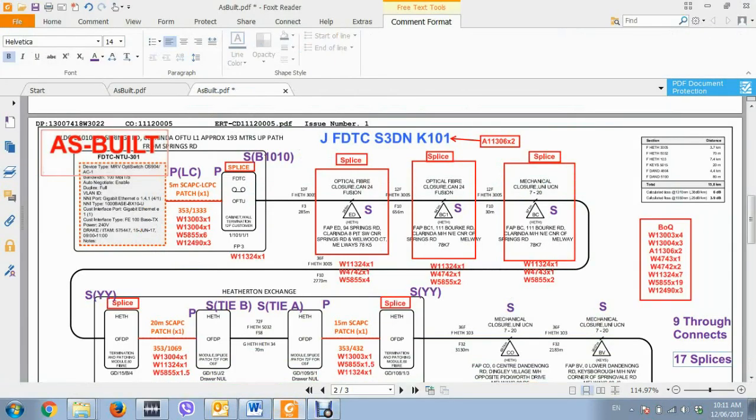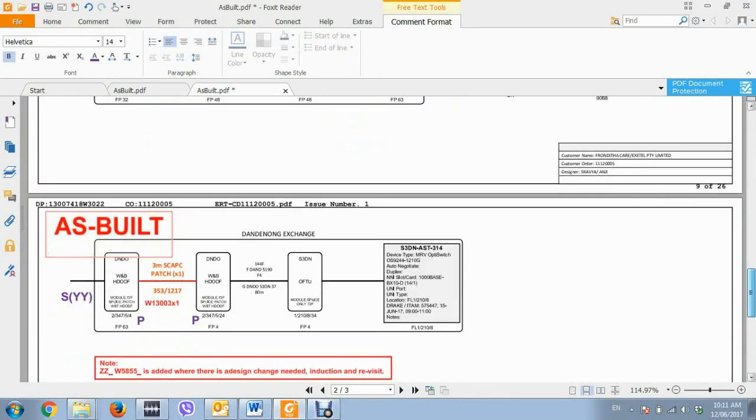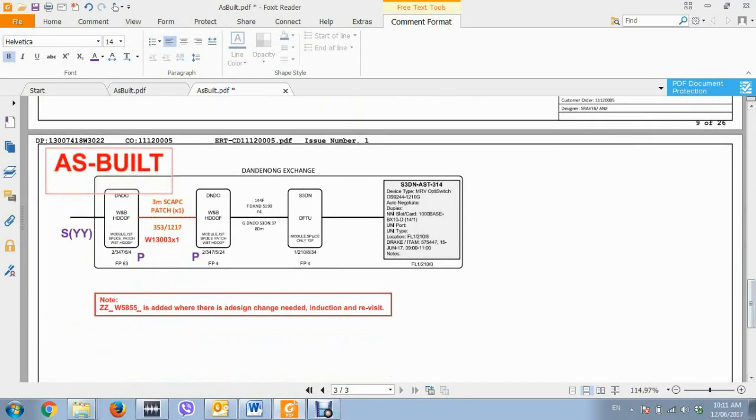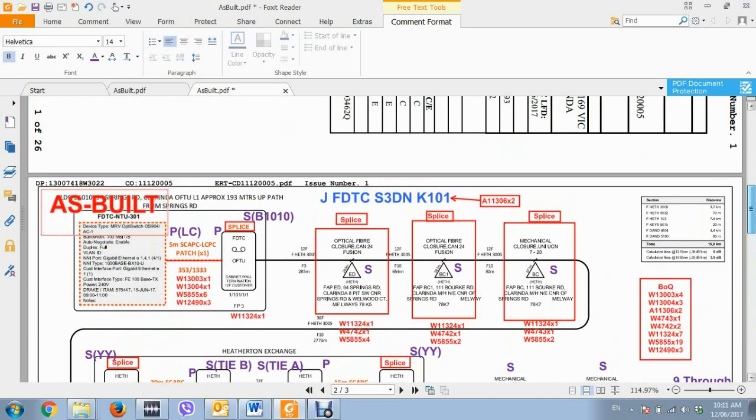Another important point: the first patch code here at the first end we will write ASC. Usually it's ASC, which means angled SC connector, and usually at the end point at the customer it's LCPC, so we'll just write LC between brackets.